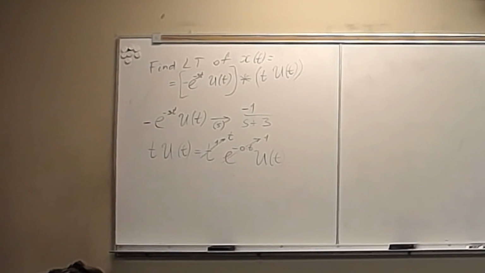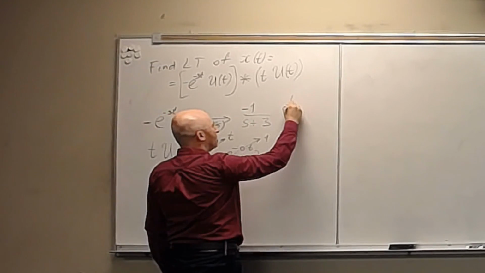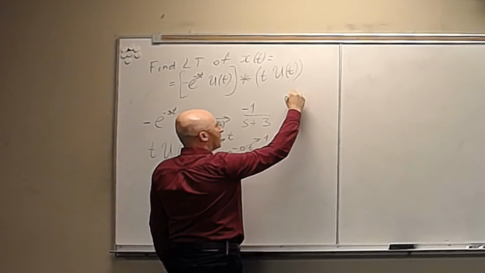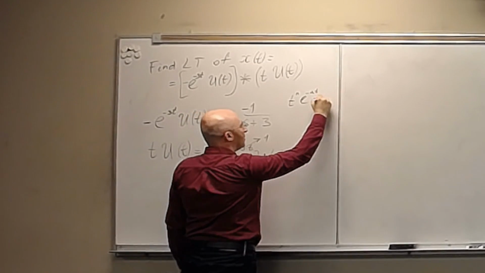So we are looking for the convolution of these functions. Which formula is that? The t times the step function, from the table. Which formula? In the table you have something like t to the power of n times e to the minus a t times u of t.